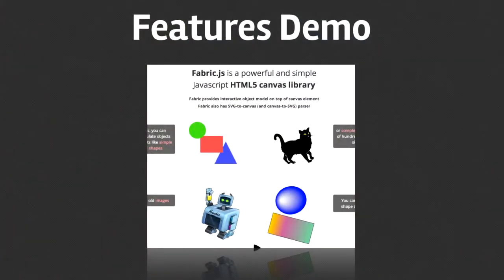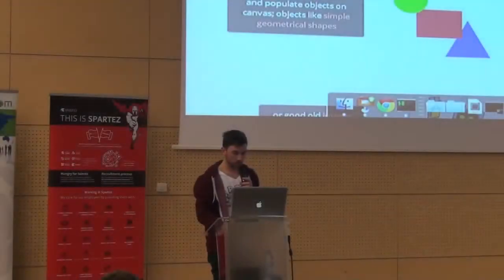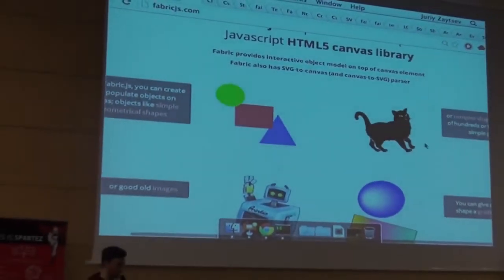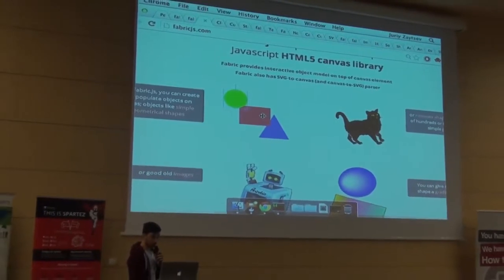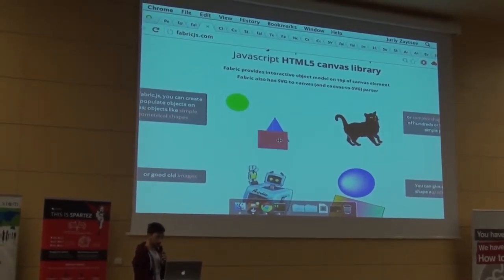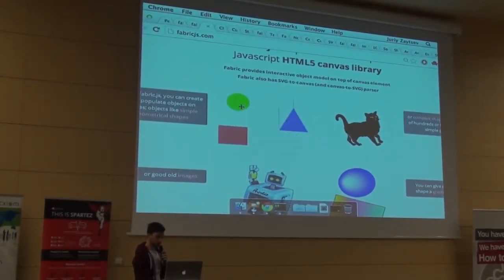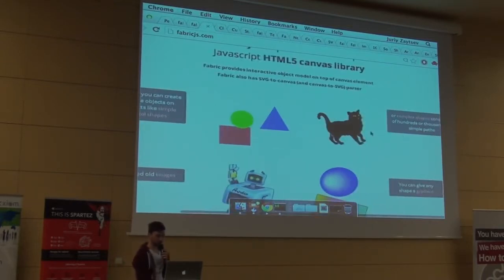So I'll just quickly show you a demo. This is our front page. You can see that obviously it supports the simple shapes that I mentioned earlier, and we can move them on canvas, do different things with them. We also have complex shapes like this lovely cat.